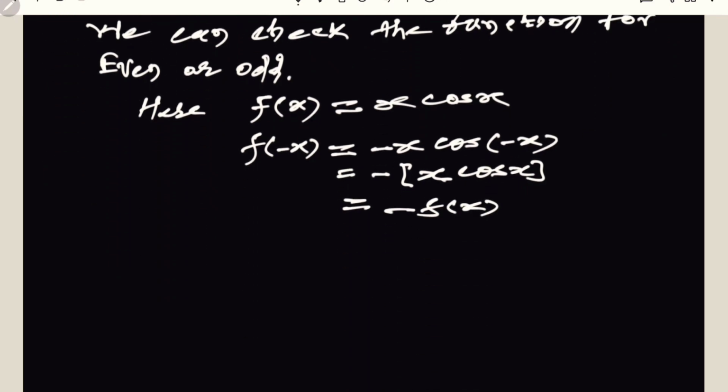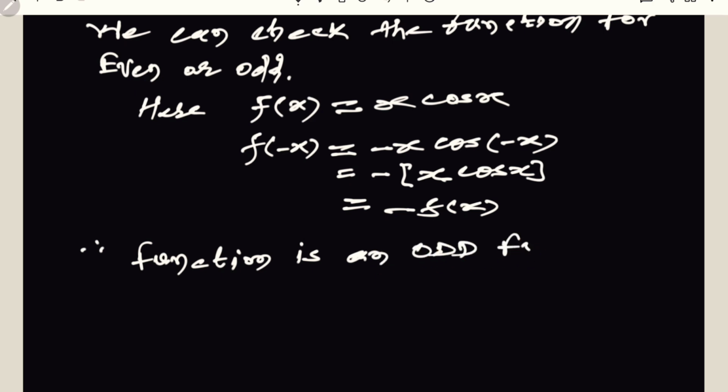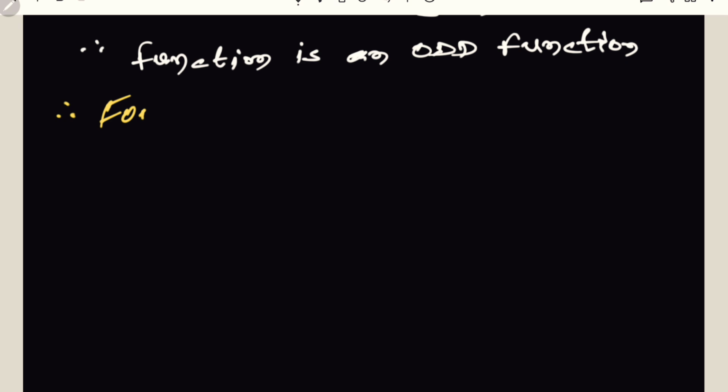Means same function but with negative sign, and that's why the given function is an odd function in the interval minus pi to plus pi, minus L to plus L, and therefore the value of capital L is pi.